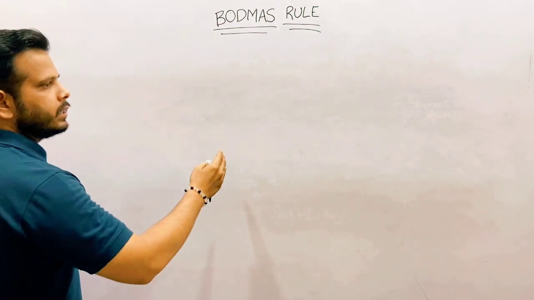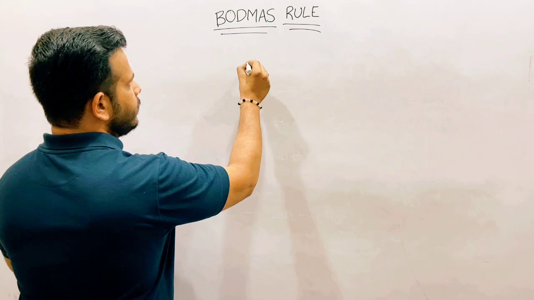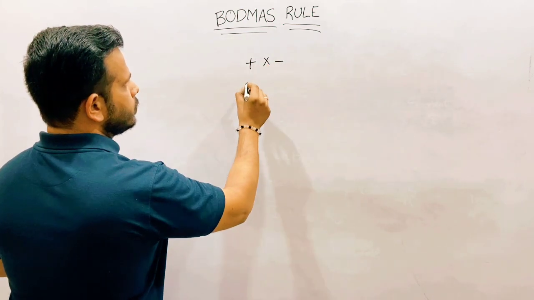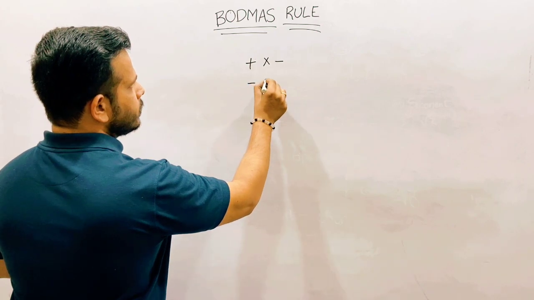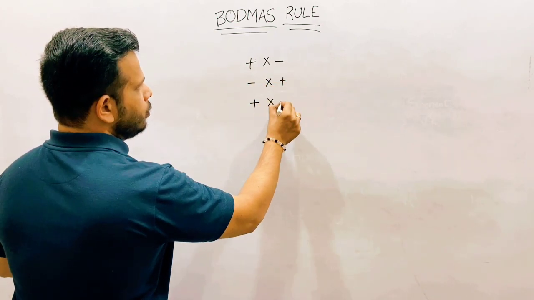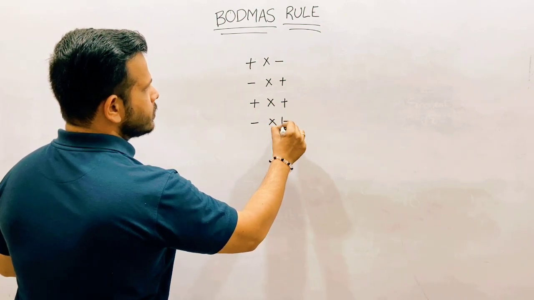Now let us discuss the multiplication of positive and negative. Plus into minus, minus into plus, plus into plus, minus into minus.